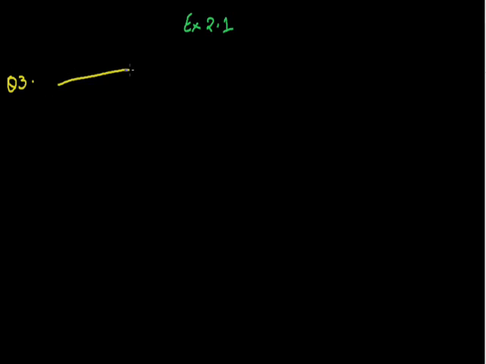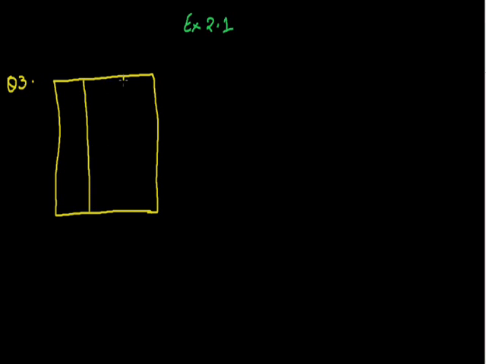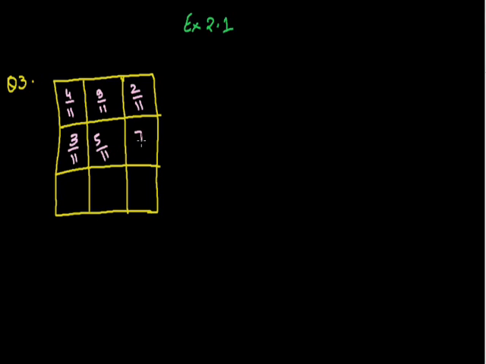In question number 3, we have a square which is further divided into 9 squares, and some numbers or fractions are written inside it. Now we have to find out whether it is a magic square or not.